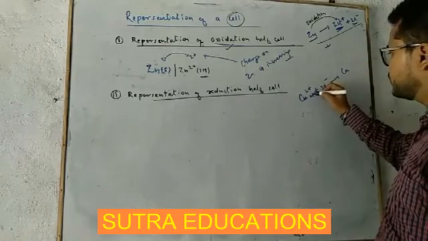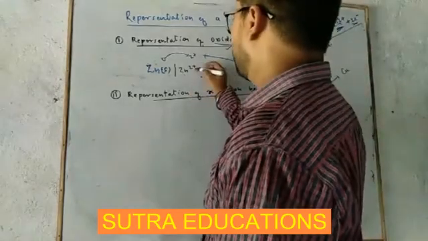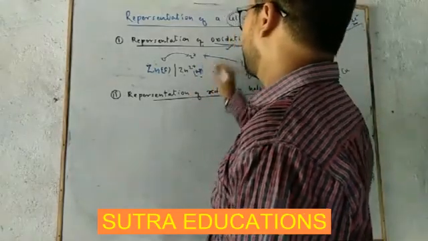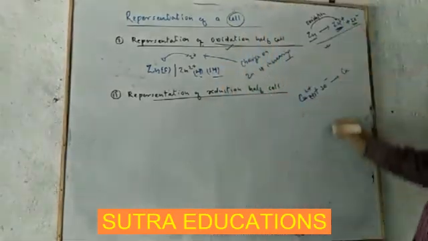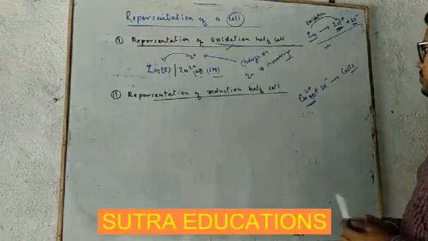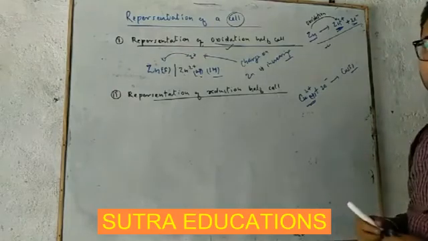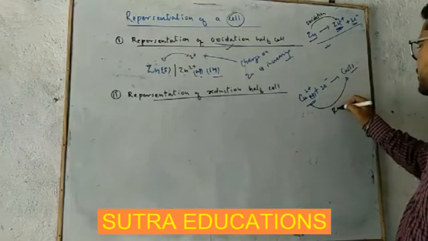So this Cu2 plus is aqueous here, and we can write here aqueous, then 1 molar concentration. So this is aqueous and this is solid. Now since it is accepting electrons, it means reduction is taking place, so it is getting reduced here.